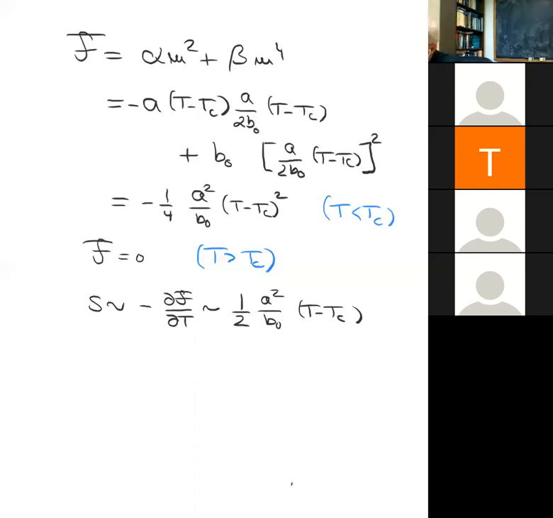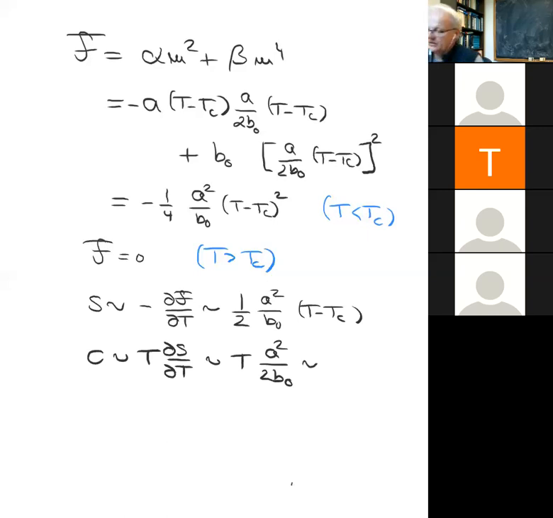And I can go one step further. If I differentiate that one more time, I get a specific heat. So the specific heat is proportional to T times ds by dt. So I differentiate that one more time. So this is T times a squared over 2b naught times 1.